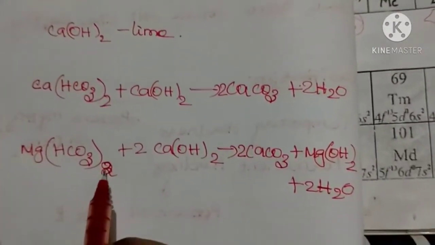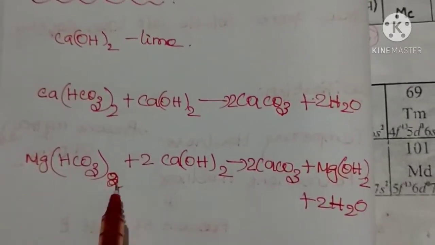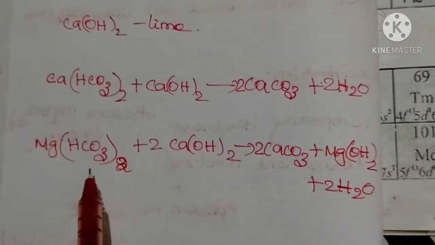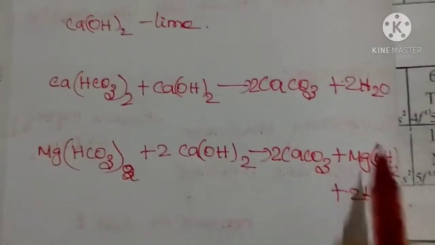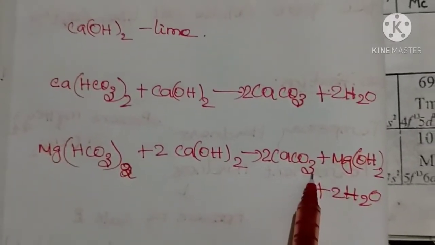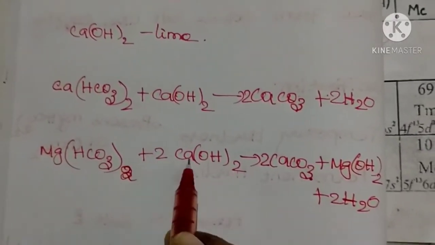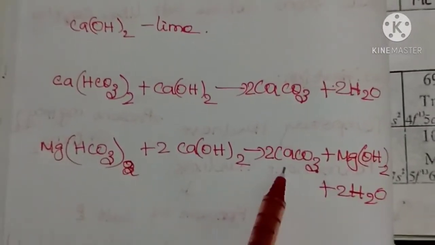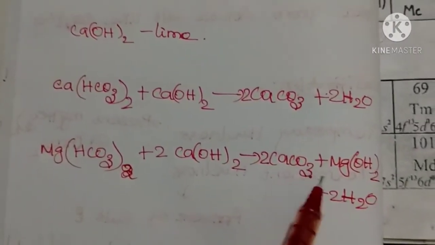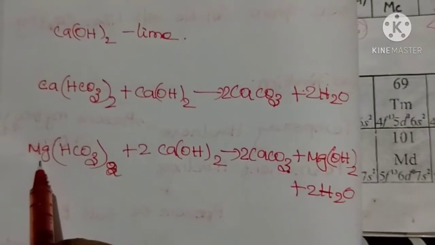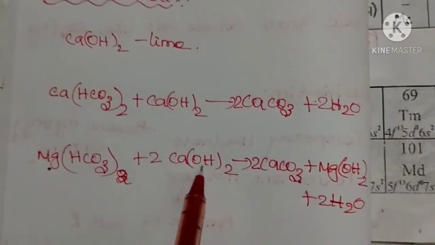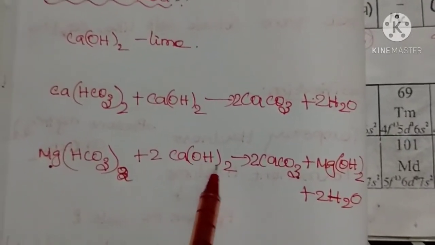See this reaction, 2 molecules of calcium are present here and they are combined with 2 molecules of carbonate from the magnesium bicarbonate. Both are combined and they form calcium carbonate, 2 molecules. 2 calcium and 2 carbonate.